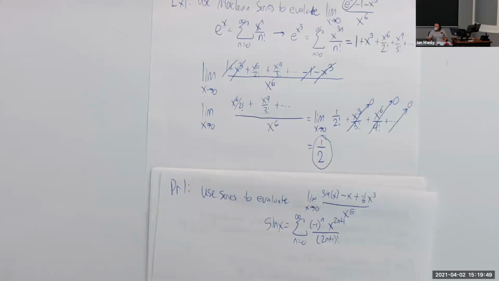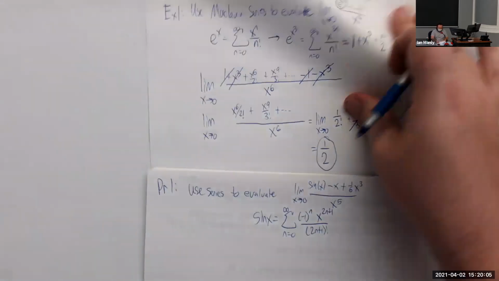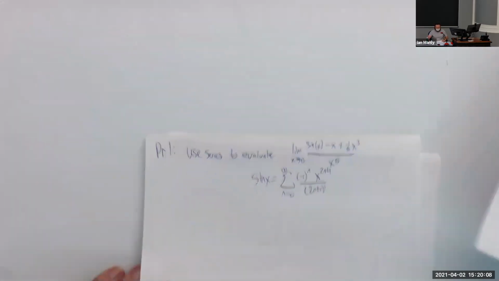Uh-oh. Okay, it should be 1 over 120. Maybe the quiz is broken. Okay, let's go over this. Let's see if it's 120. Maybe we're all wrong. Maybe it's something else.